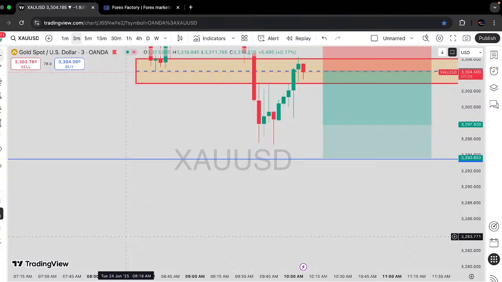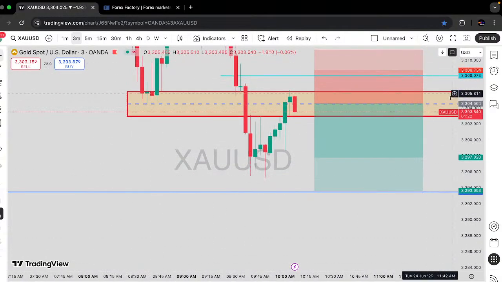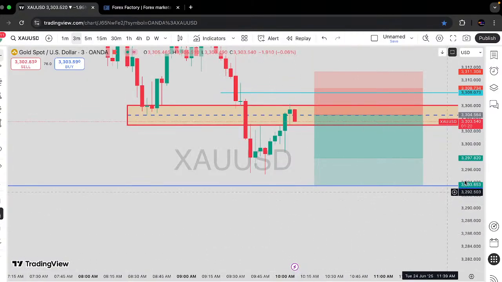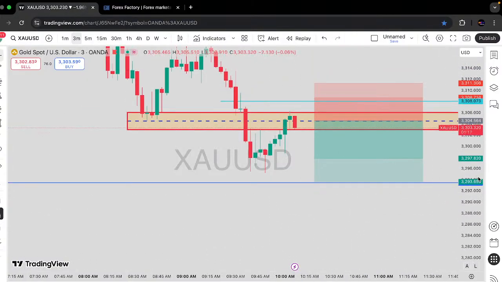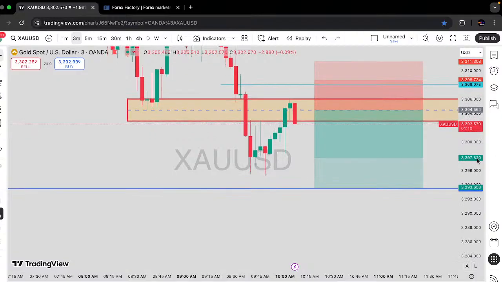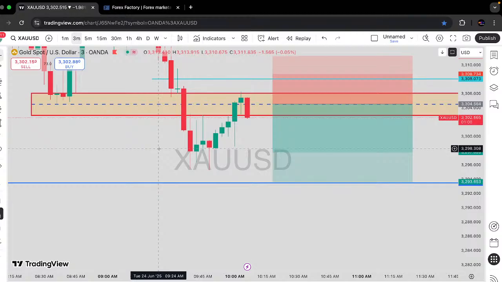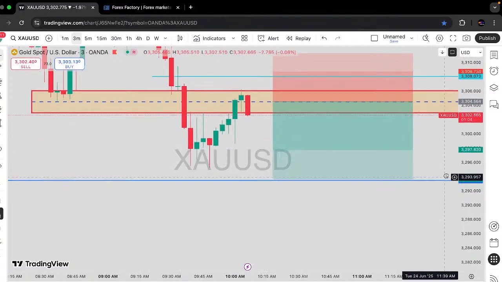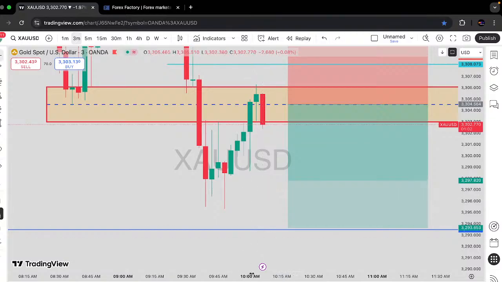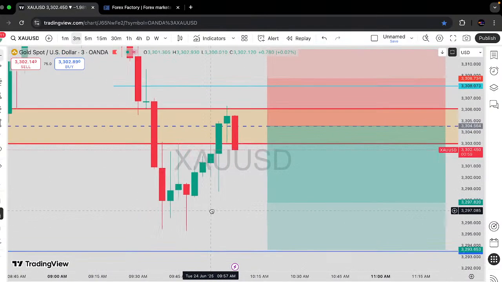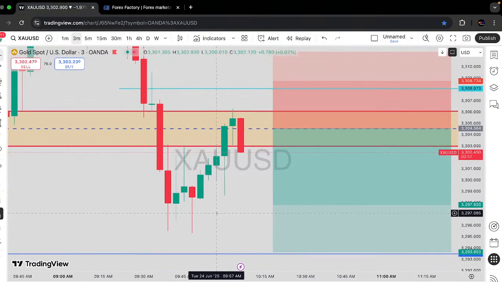What's happening right now? There is a respect for that zone. So here we'll see a fair value gap in a while, and you'll be surprised by that fact.